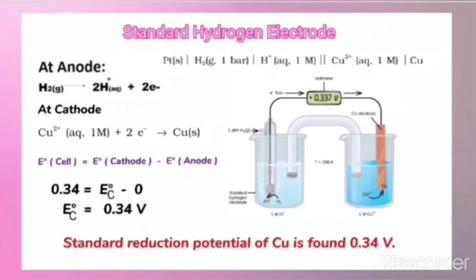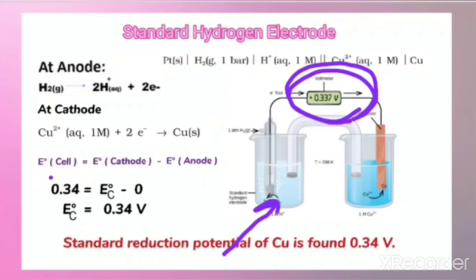Here the reading is shown, that is 0.337 volt, which is approximately taken as 0.34 volt. So that is the value of E naught cell. E naught cell is this reading, and it is the reduction potential of the cathode minus the reduction potential of the anode.